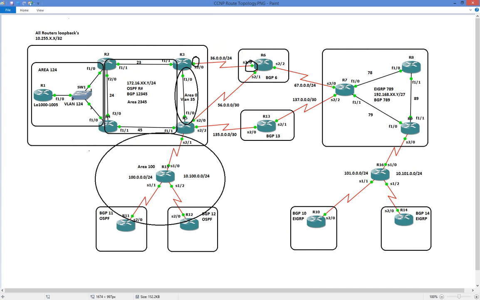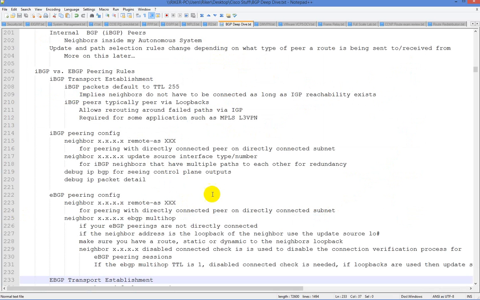But actually, let me cover that real quick because I haven't gotten to that part yet. With eBGP, you need to have your peers on a directly connected subnet. But what if you don't? Well, if you don't, then you need to add a couple lines of syntax to let the router know where it should be learning it from.